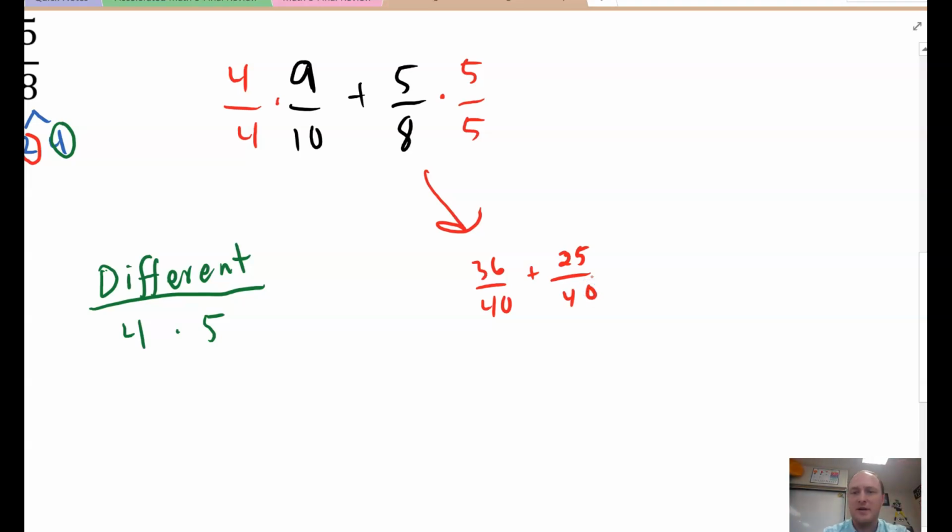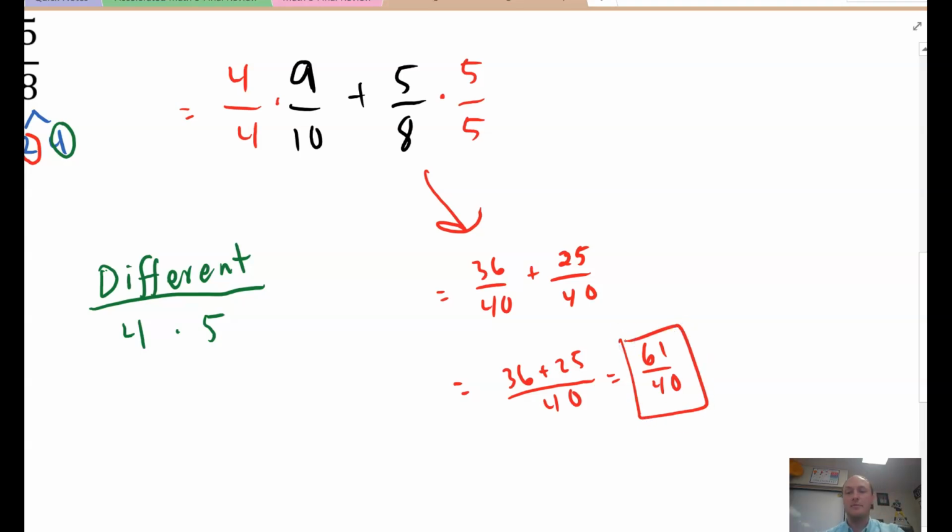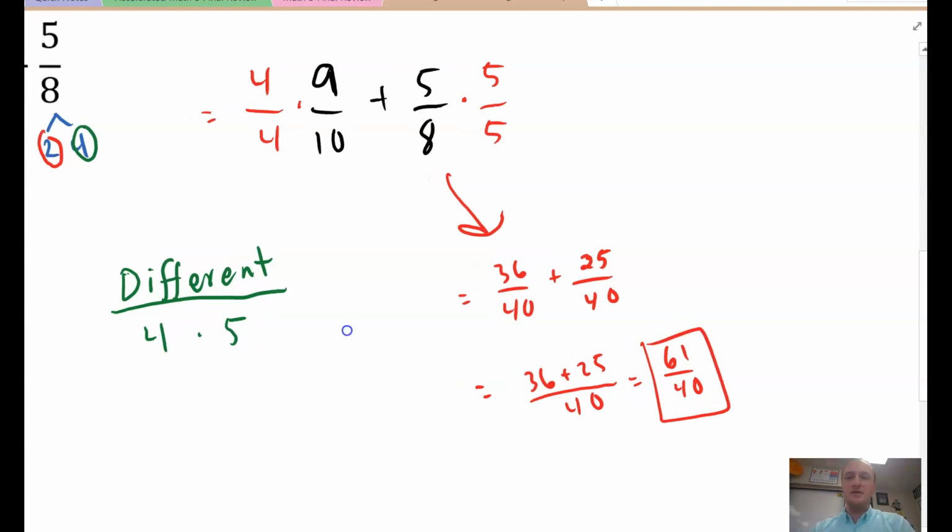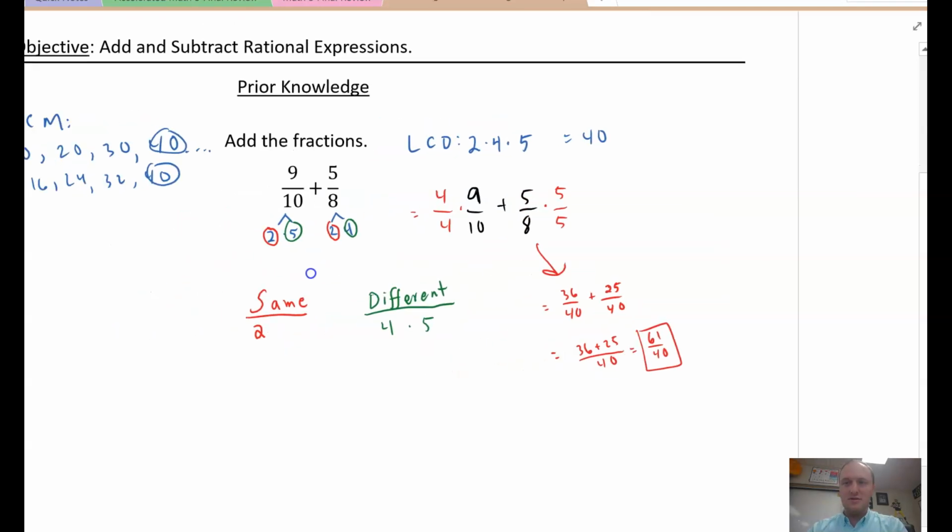Can I add these now? Sure, you sure can. Let me add my equal signs. So I have 36 plus 25 over 40, which gives us 61 over 40. Hey, I added the fractions. All right, I made a bigger deal of it. I was extra. So what?